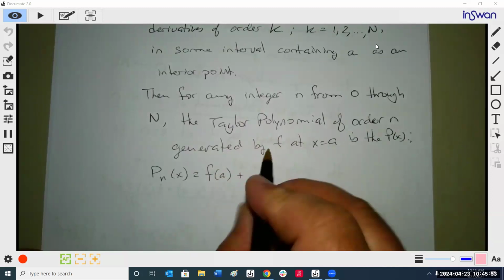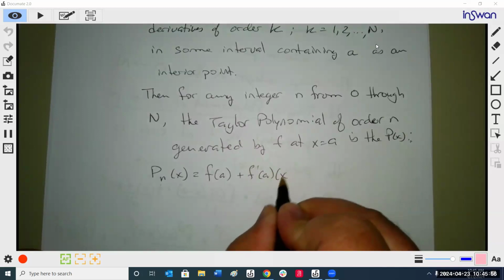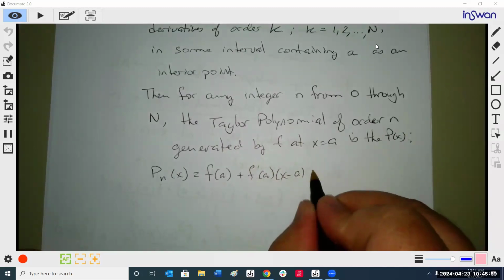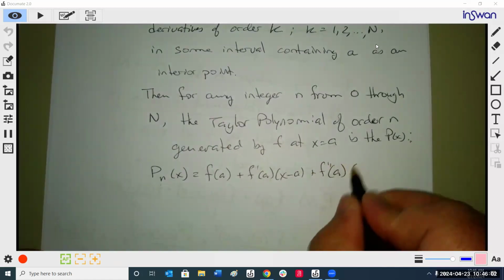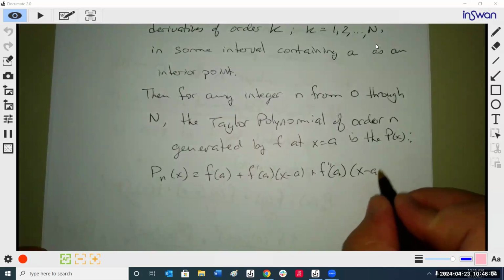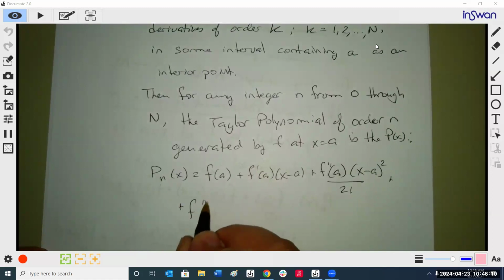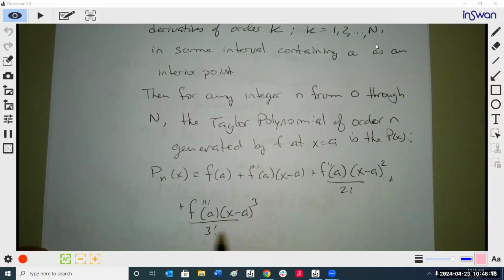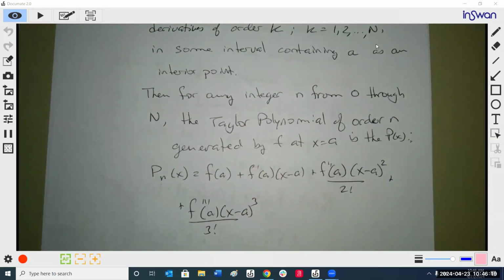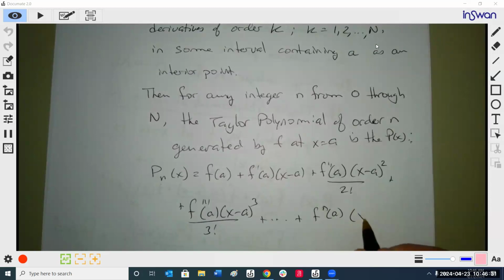It is f of a plus f prime of a times (x minus a) to the first over 1 factorial, f double prime a times (x minus a) squared over 2 factorial, f triple prime at a times (x minus a) cubed. Excuse me. And we go all the way to the nth term, (x minus a) to the n over n factorial.